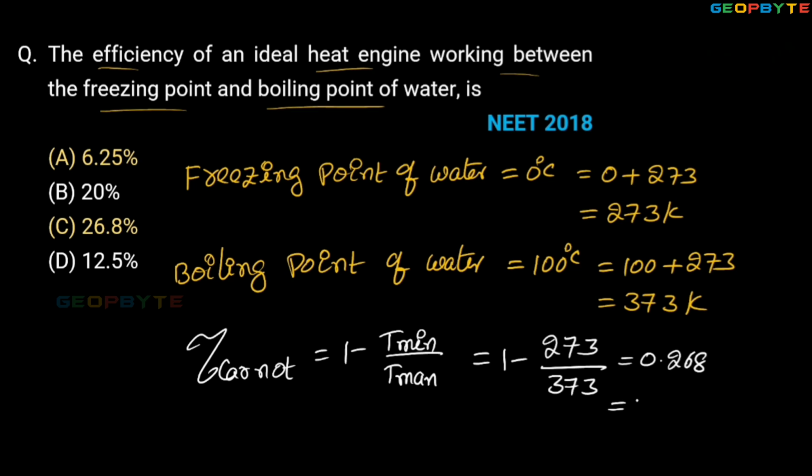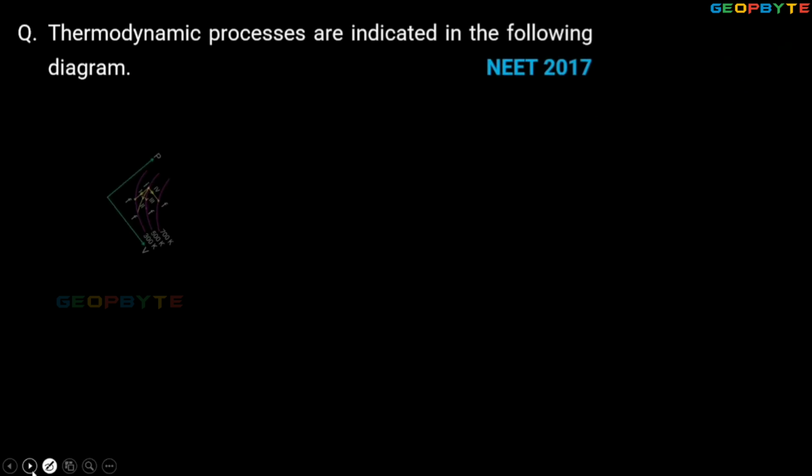To get it in percentage, multiply with 100: 26.8 percent. That is the ideal heat engine cycle efficiency for the temperature limits of freezing point and boiling point of water. Look at option C. Option C is absolutely correct. Are you following clearly? Yes. Similarly, let us take another important problem.